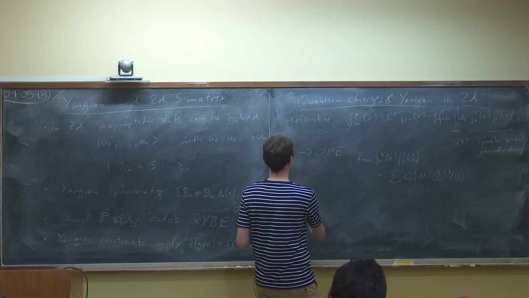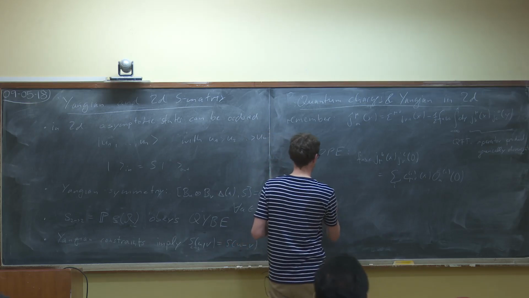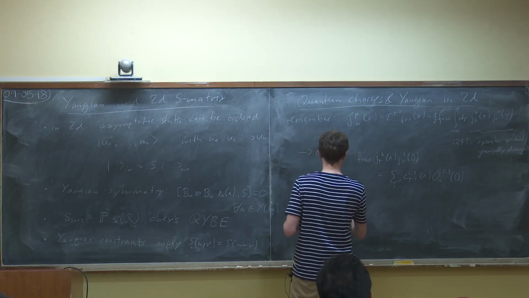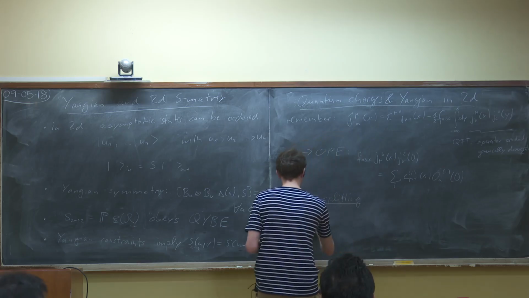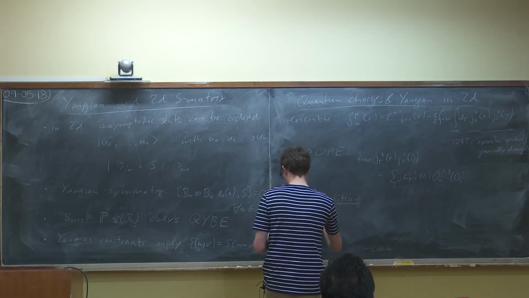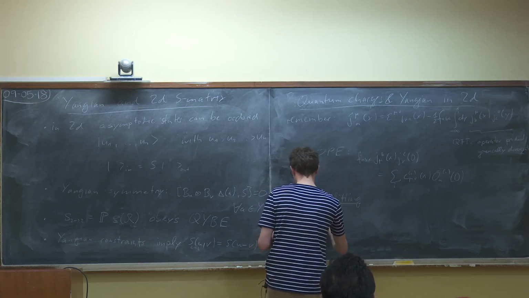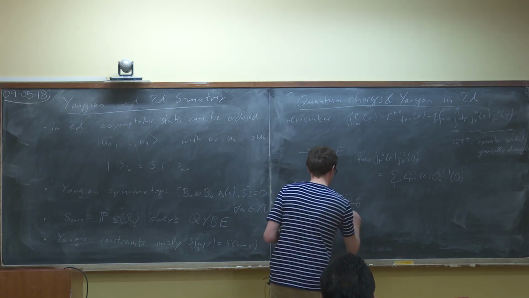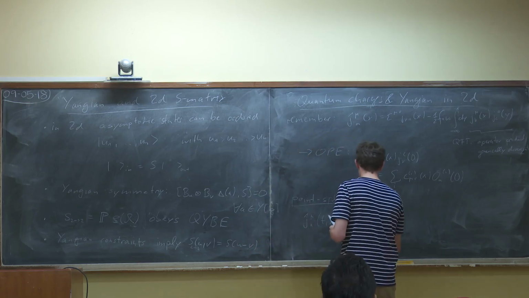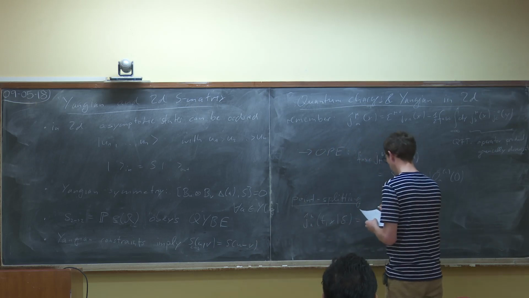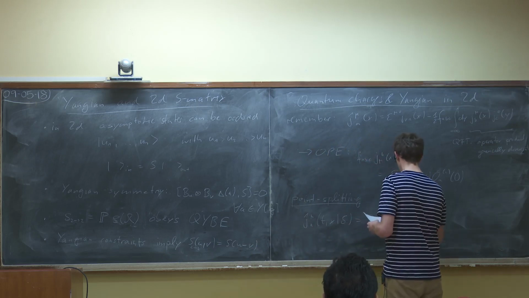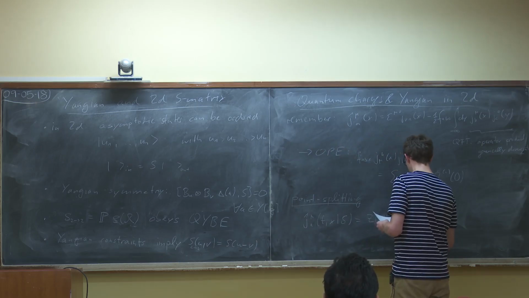Let me just say that the idea is to introduce some point splitting and to define a current J mu A of t, x depending on some parameter delta, with some function z of delta in front of this local term.